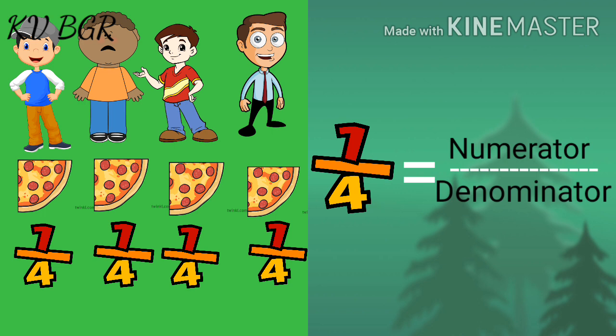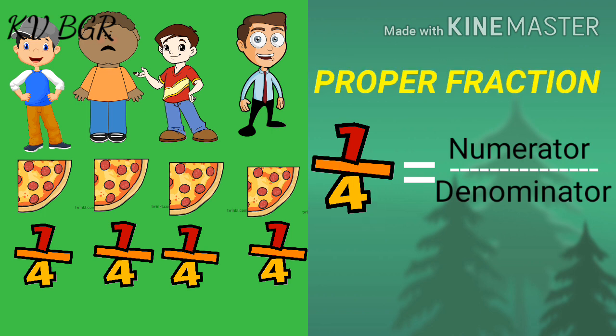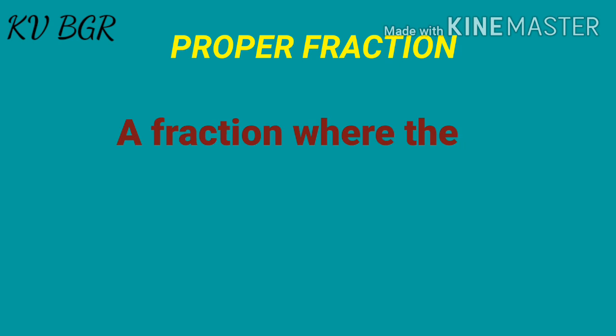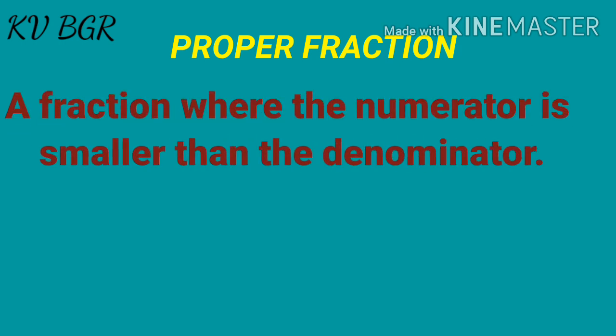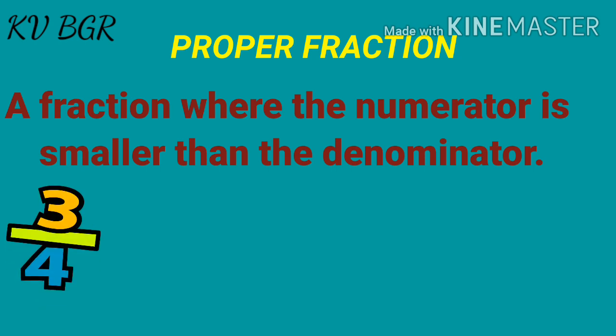In this fraction, the numerator is smaller than the denominator, and these types of fractions are called proper fractions. So, proper fractions are the fractions where the numerator is smaller than the denominator. For example, 3 by 4, 1 by 2.